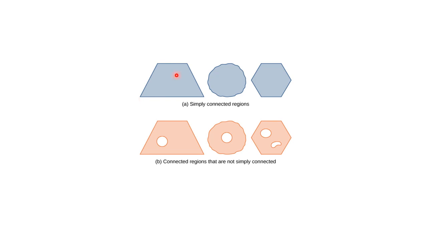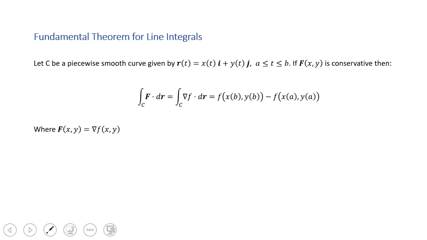And if it's simple, there aren't going to be any holes in that boundary. Simply connected regions are on the top of my screen. Regions that are not simply connected because they have holes in them are on the bottom of the screen. All right, so we are going to be using that vocabulary a little bit later.